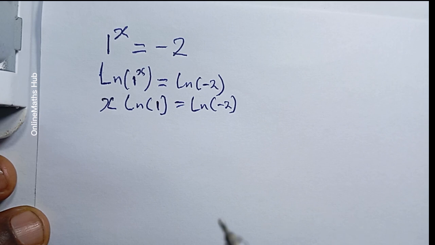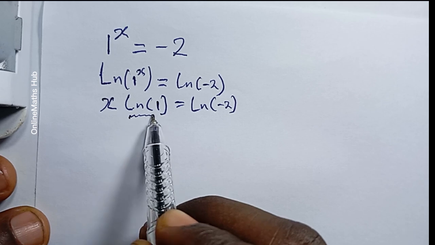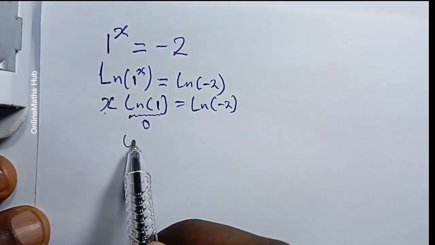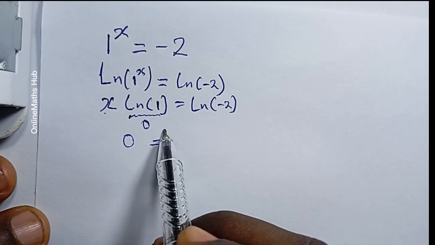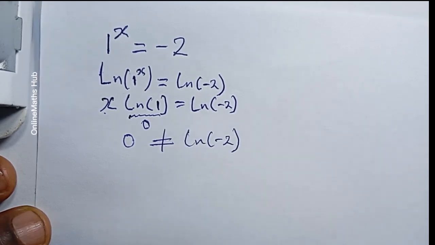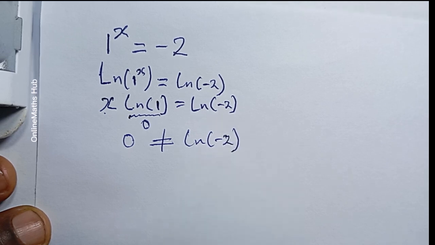This is one of the most basic ways to solve this, but if you go further, you discover that there's really a problem, because the natural log of 1 is 0, and 0 times x gives you 0, but 0 is not equal to the natural log of -2. And of course the natural log of -2 does not exist in real numbers.